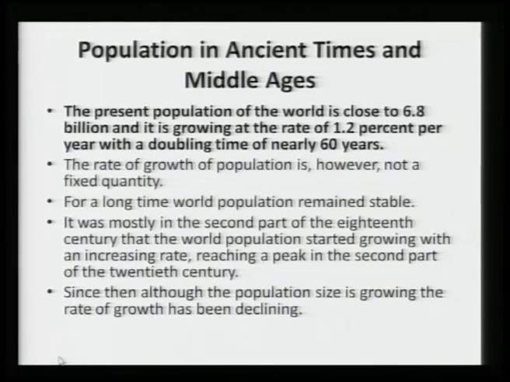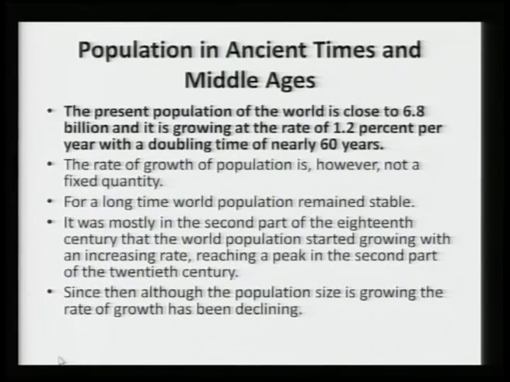The present population of the world is close to 6.8 billion. We are in 2010, and the population of the world is close to 6.8 billion, and it is growing at the rate of 1.2% per year, meaning birth rate minus death rate expressed in percentage form per year is 1.2.